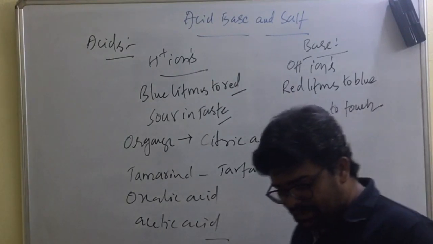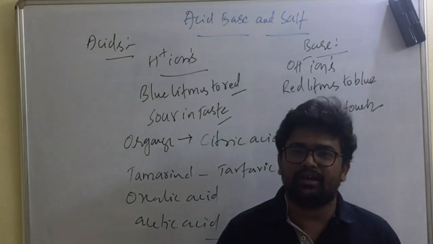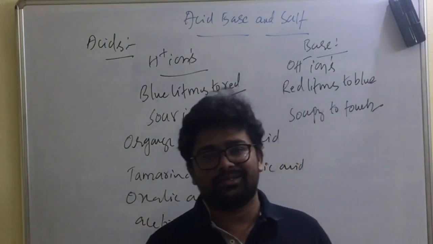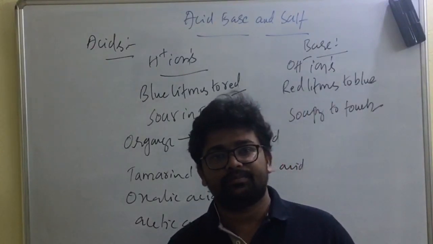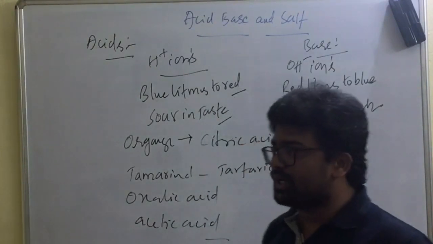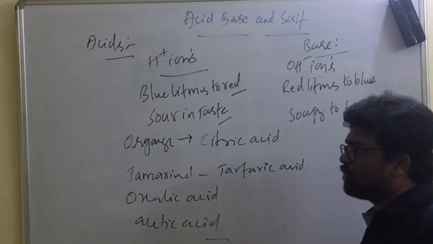So these are called bases. What are the bases that you find in our daily life? Our window cleaners, in which ammonium hydroxide is present, soap and detergent. Those are the examples of bases that we find in our daily life. So these are the basics.